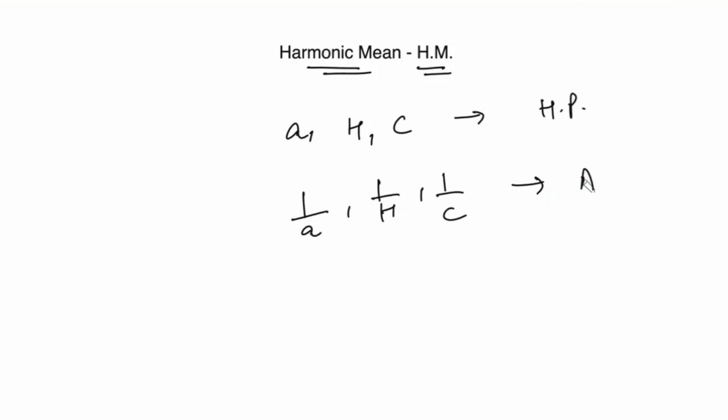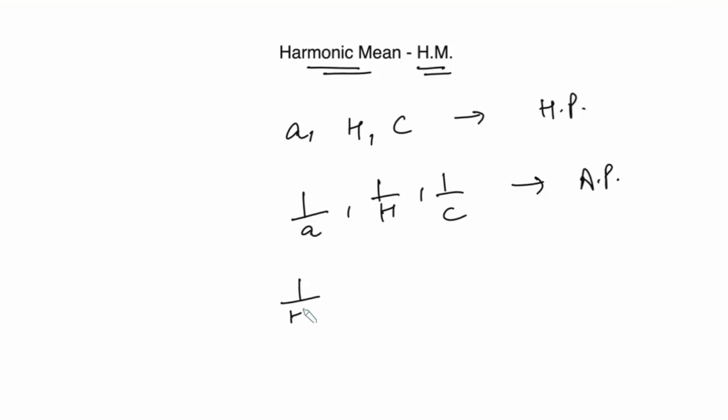So finally, harmonic mean or HM. If there are three terms A, H, and C, and they are in HP, we know that the reciprocals of these will be in AP. So 1 over A, 1 over H, and 1 over C will be in AP. And for any AP, we know that the common difference is the same.